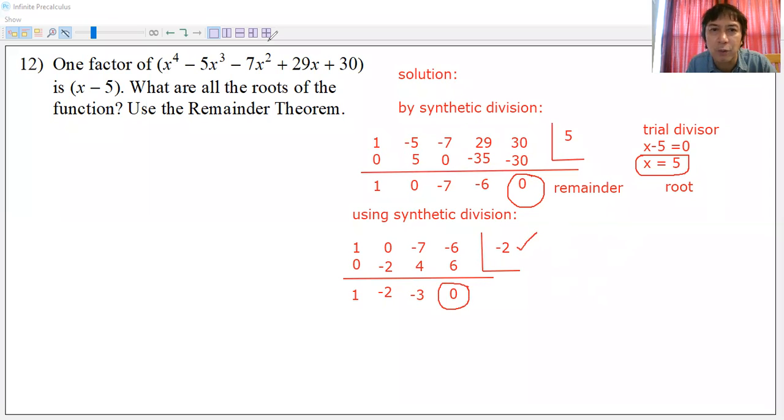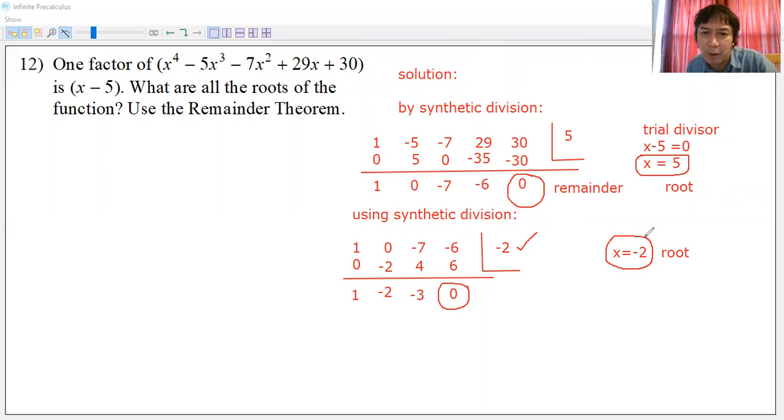X equals -2. That's another root of the function. So x equals -2 is another root.